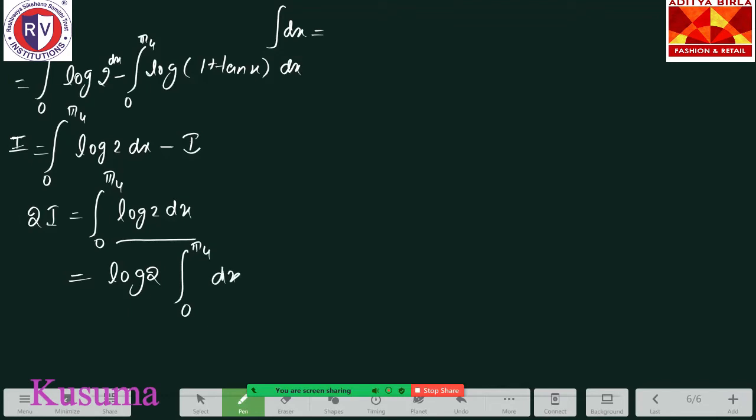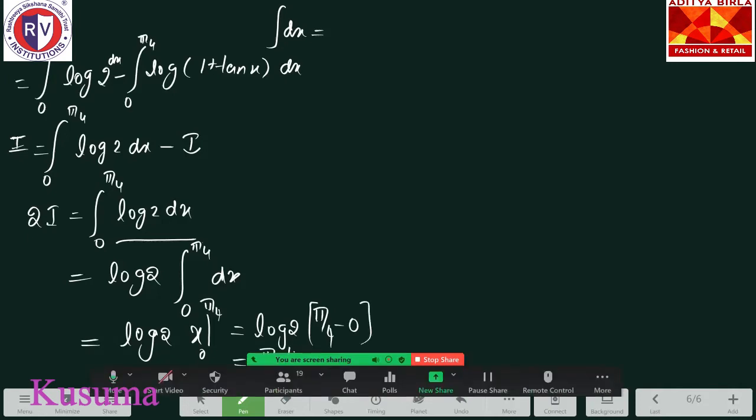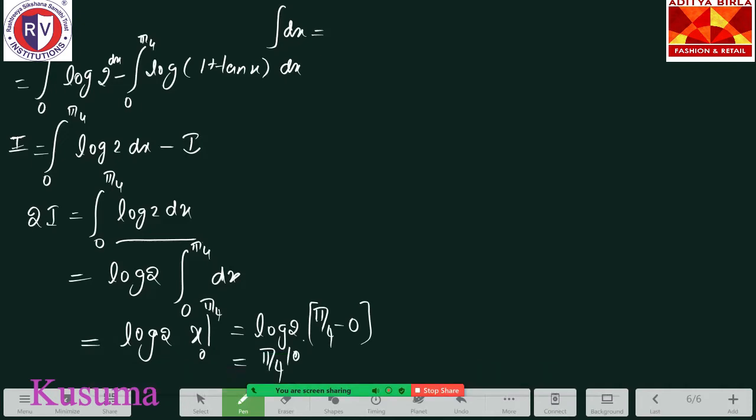So log 2 is another constant, and we are left with integration from 0 to pi by 4 of dx, and we know that the integration of dx is x. The limits are from 0 to pi by 4. So on applying the limits, this will be log 2 into (pi by 4 minus 0), or pi by 4 log 2. So this is the value of 2I.